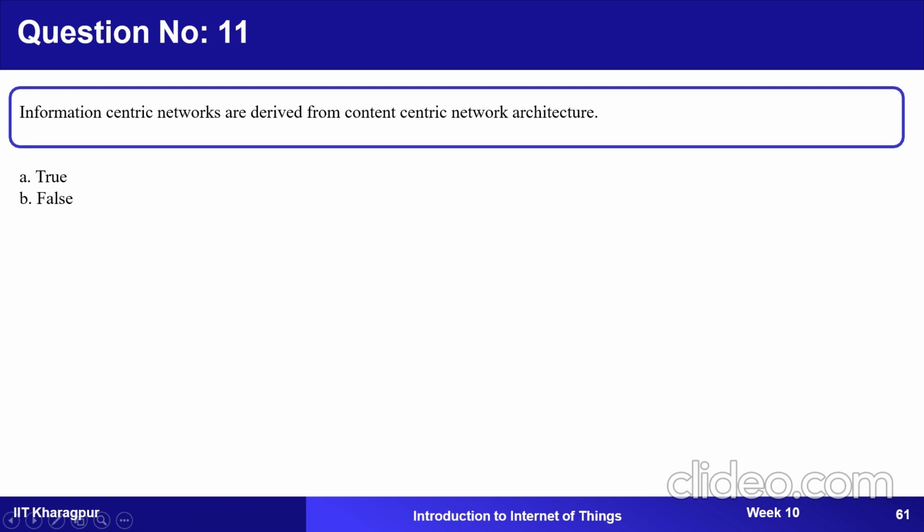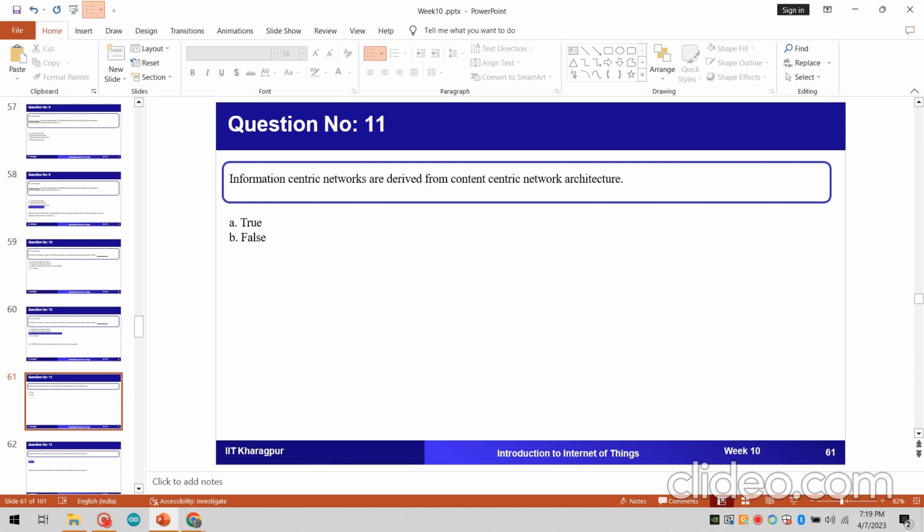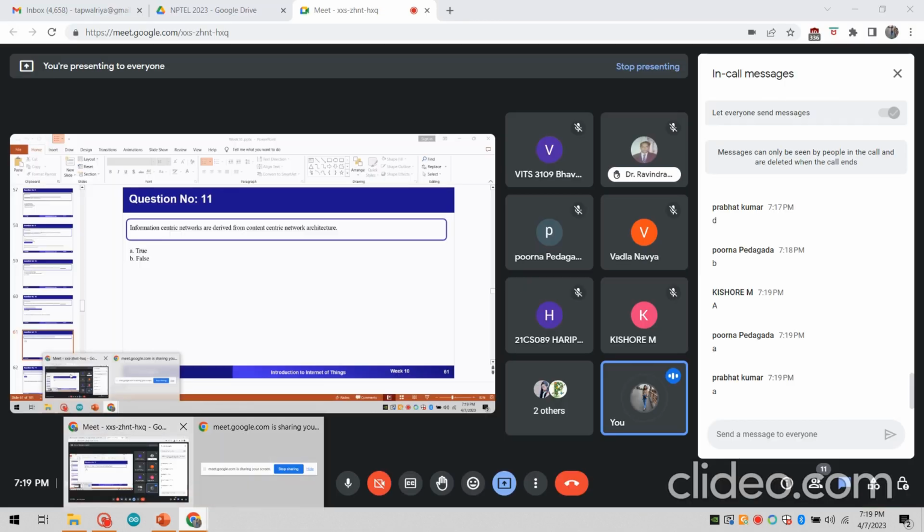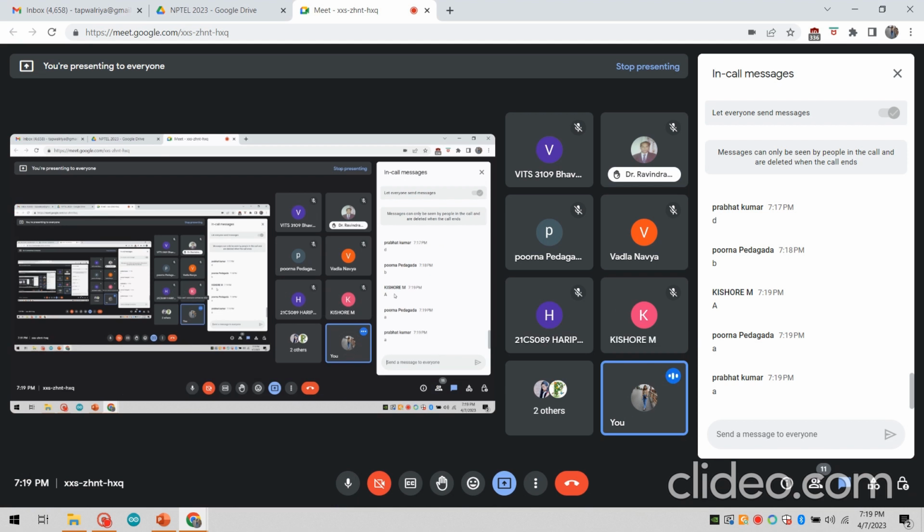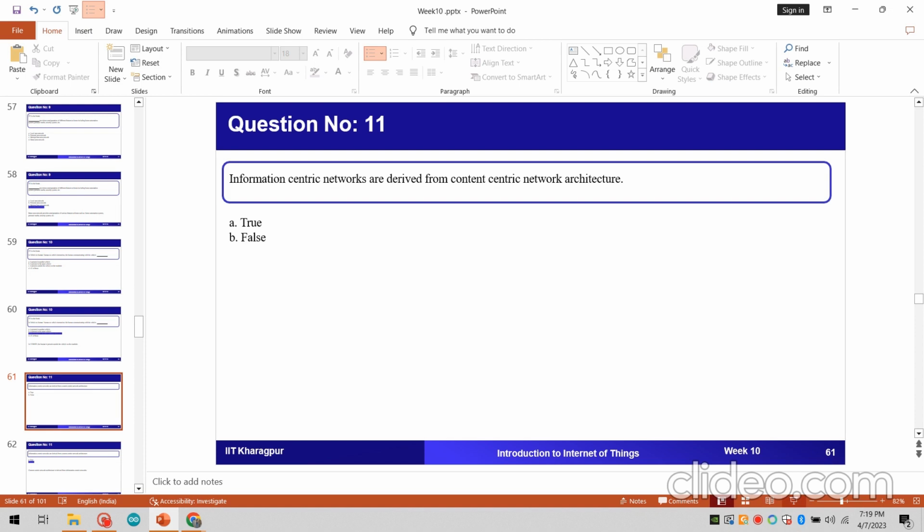Information centric networks are derived from content centric network architecture. So I'm getting true as an option. Okay. So all are saying true. Check this slide whether information centric networks are derived from content centric or content centric are derived from information centric. Go check your slides, and after that reply to me again.